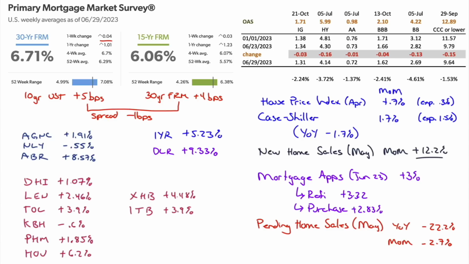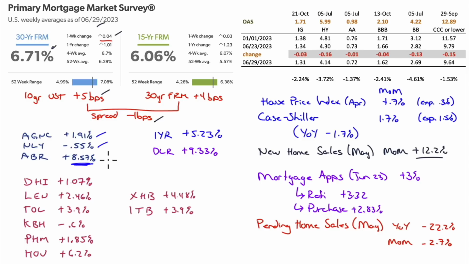Okay, mortgage rates still hovering above 6.5, sitting at 6.71 as of June 29th, a week over week increase of 4 basis points. But over that same period of time, the U.S. Treasury increased by 5, so the spread decreased by 1. Mortgage REITs, agency, almost 2% up. Annaly, down 0.55. ABR, killer week.